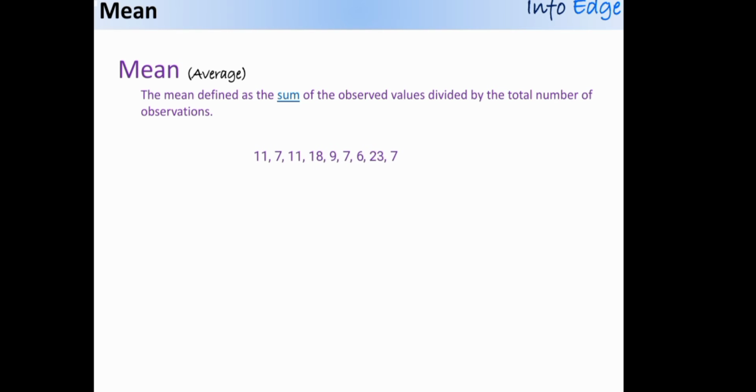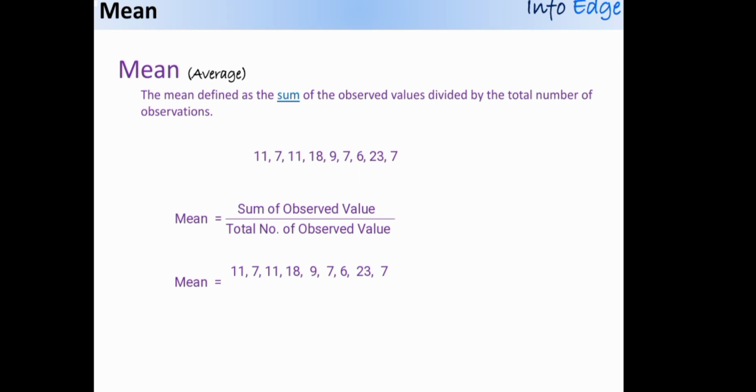Let me show the set of values as below and the formula for the mean. Sum of the observed values divided by the total number of observed values. So this is the formula for calculating the mean, to find the average value of the collected set of values.